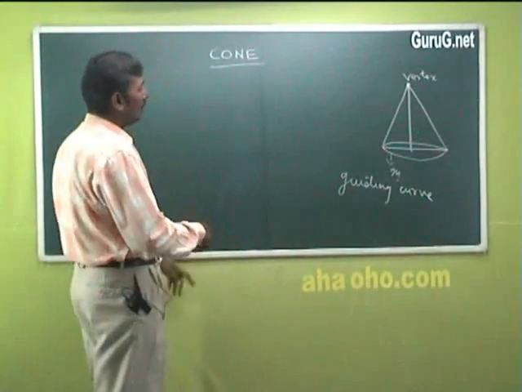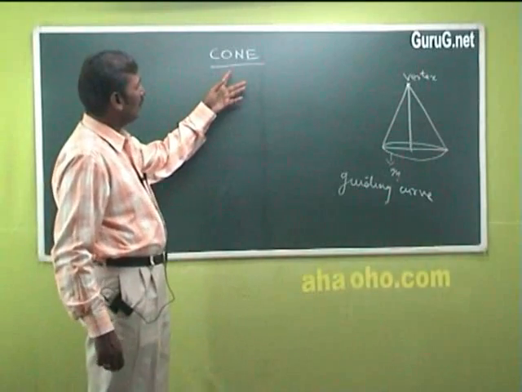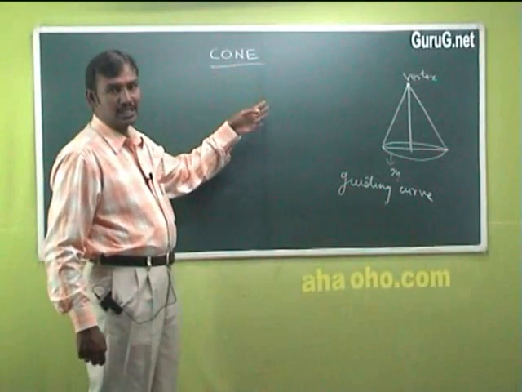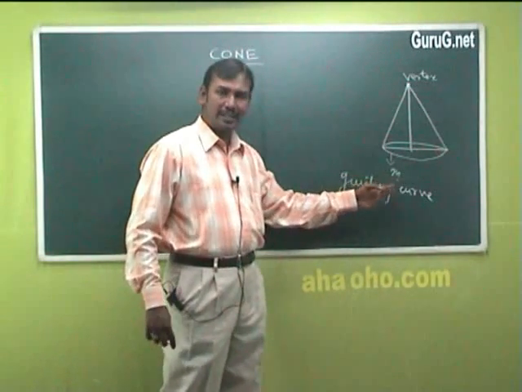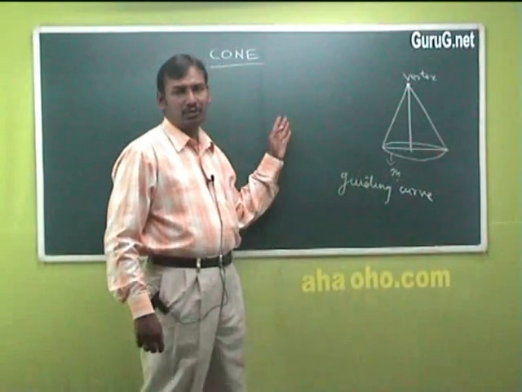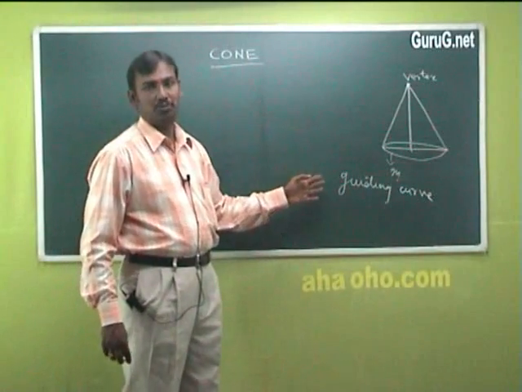So the degree of the equation of the cone depends on the guiding curve. Suppose the guiding curve is a conic, then the degree of the cone is of order 2, right?